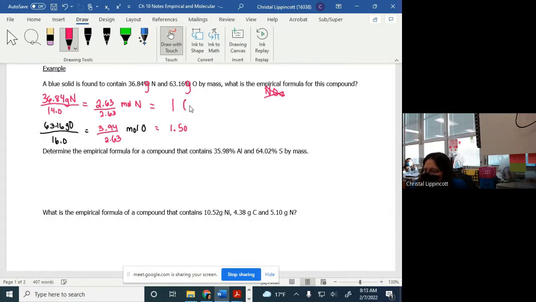And I have to do it to both of them. And these then become my subscripts. So N2O3. That is my empirical formula. Easy enough? You have to follow the steps.